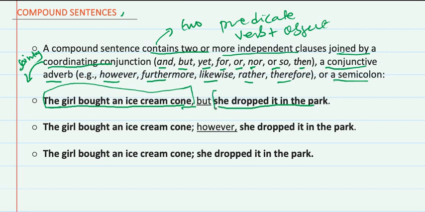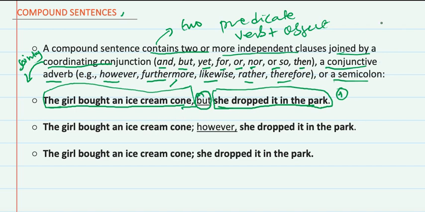But she dropped it in the park is also another sentence. The girl bought an ice cream cone is another sentence. So this coordinating conjunction but is joining the two to form a compound sentence.